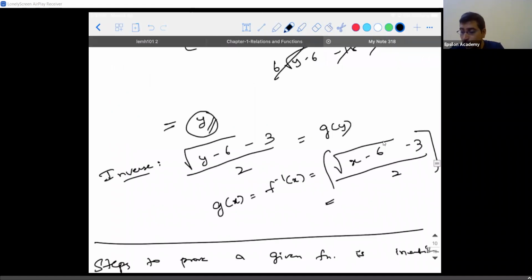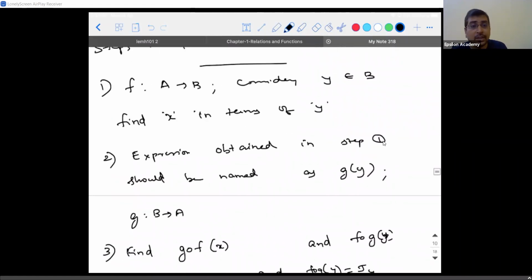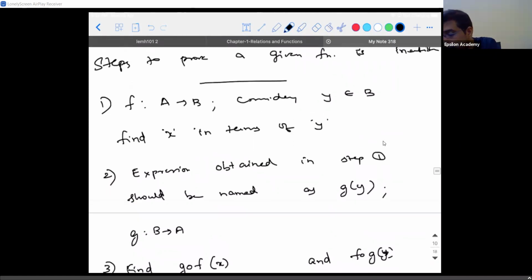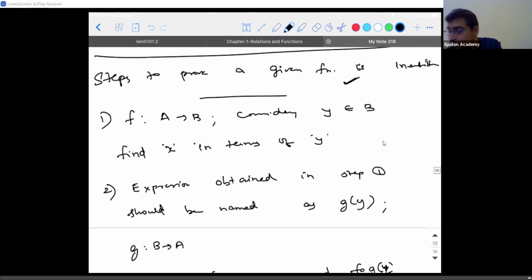So you need to verify the domain and codomain of the function. Okay. So I gave you the steps to prove that a given function is invertible. When you try to apply the steps itself, you will get the inverse from the third step. How to do it? If f is a function given from A to B, then the first step you will write is, consider some element y which comes from the codomain set of f.